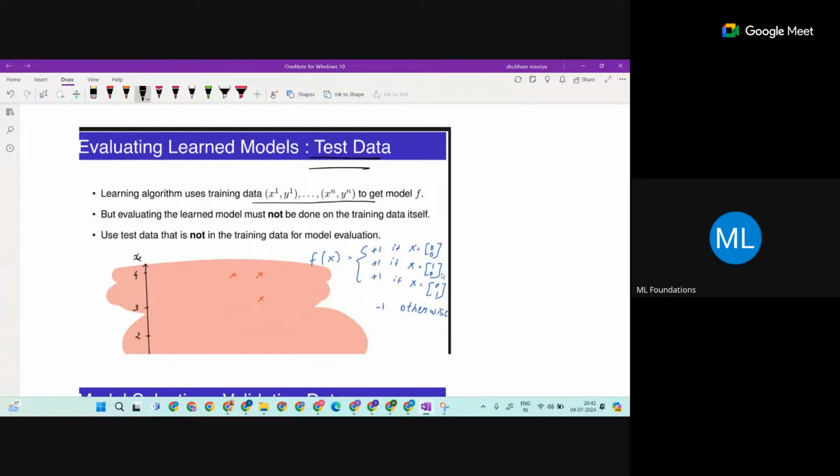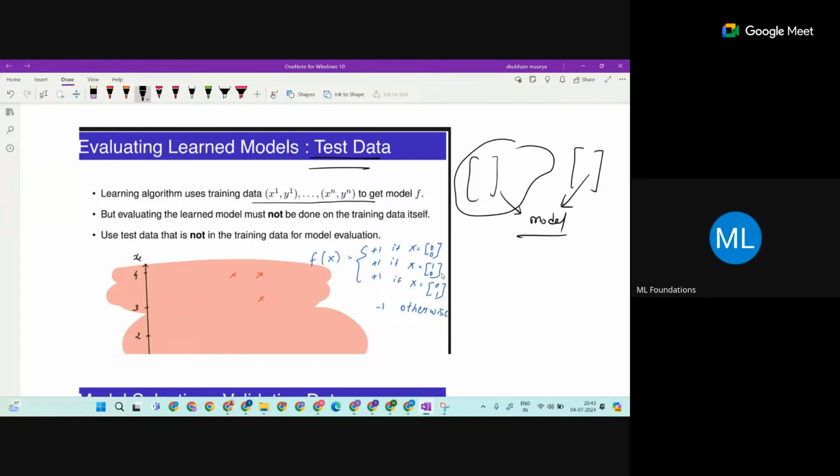Now we have some set of data which will actually test how suitable that model is. Here we are writing that the learned model must not be done. So using whatever data we have, we'll try to build a model. Then another set of data would be given to test how suitable it is or not. That means it is different from the training data, that's the meaning here.